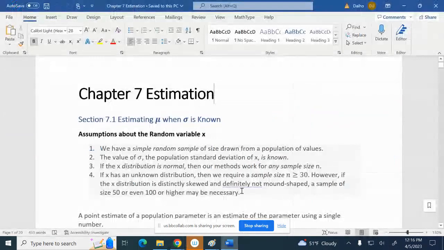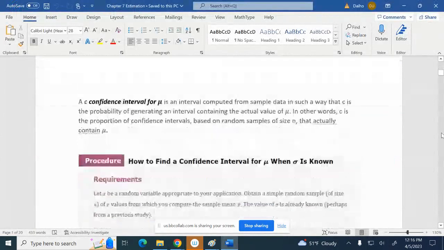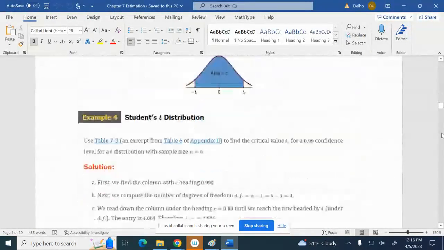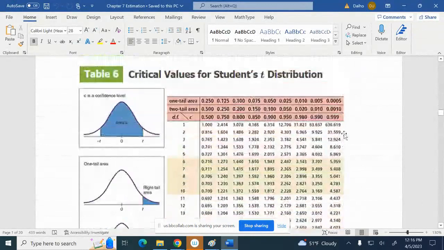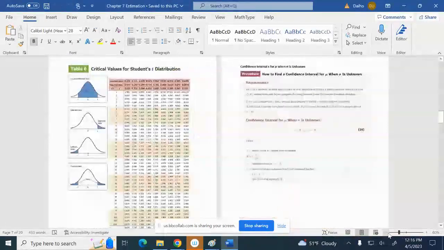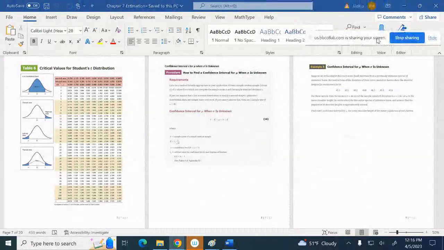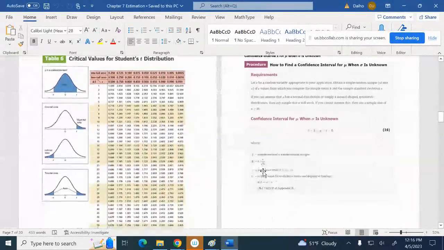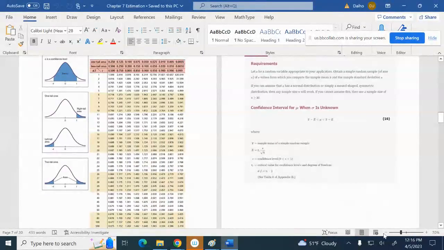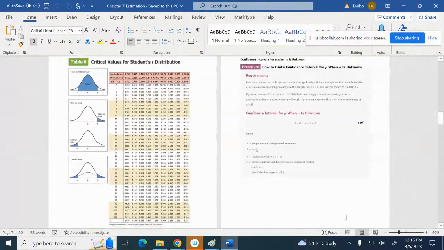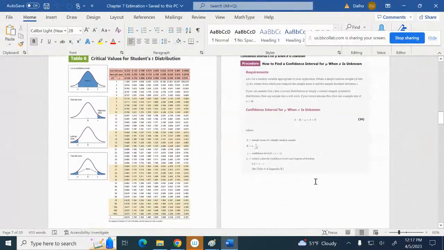Let me go to the T table. Last time I told you we can even take the Z-score from the T table. You remember? See?